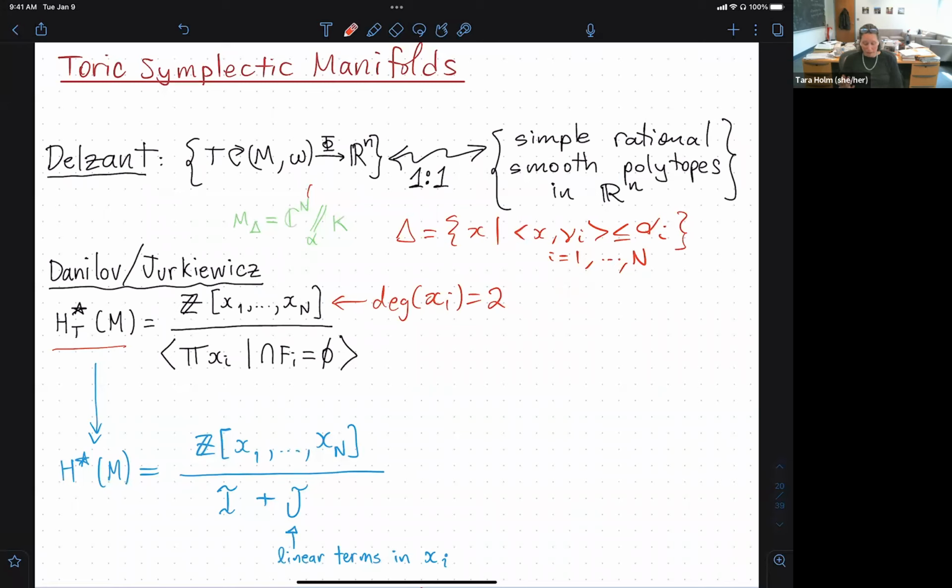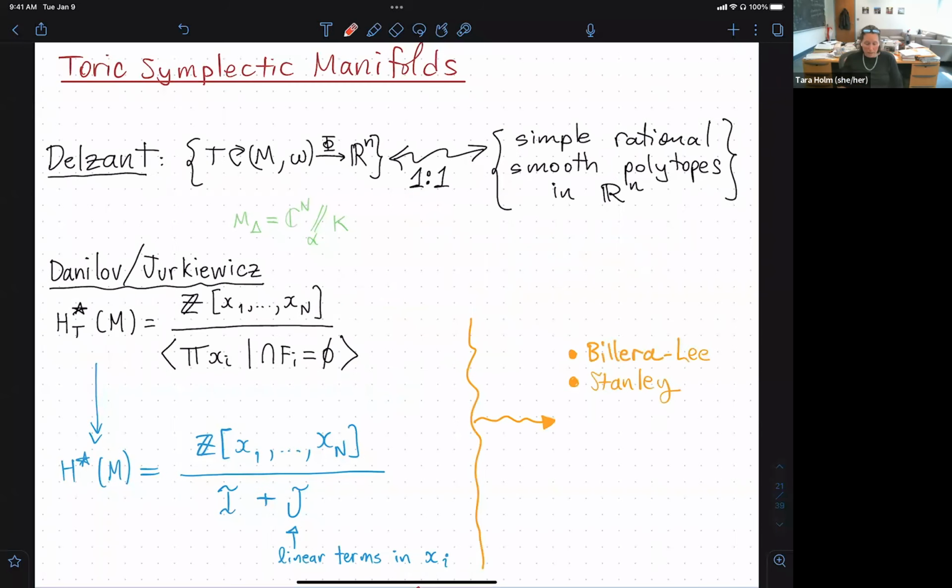So I am killing a monomial whenever the corresponding facets don't intersect. And then you can add to this. So this is the ideal I, and to get the ordinary cohomology, you have to kill some additional linear terms in the xi. So this is known as the Danilov-Jurkiewicz theorem.